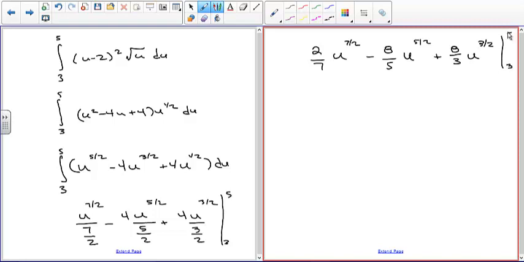And again, because it's a definite integral, we don't need to substitute u back in. We just change the limits. So you have 2/7 times 5 to the 7 halves minus 8/5 times 5 to the 5 halves plus 8/3 times, and I ended up just doing this as a decimal.